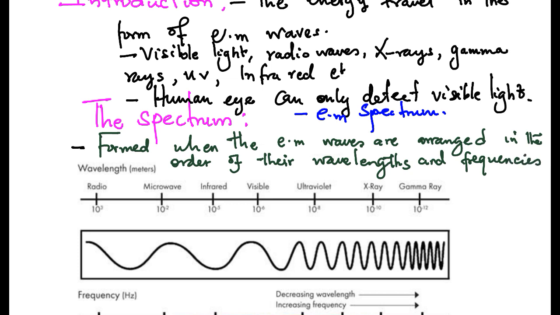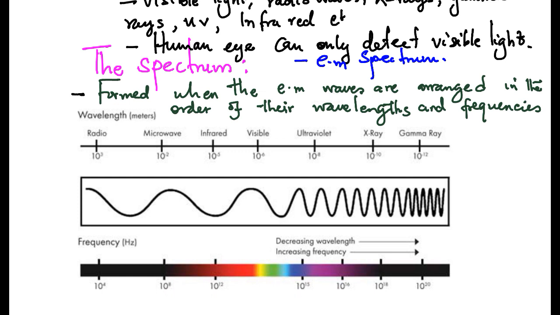So we have a figure here representing the arrangement that forms the electromagnetic spectrum.